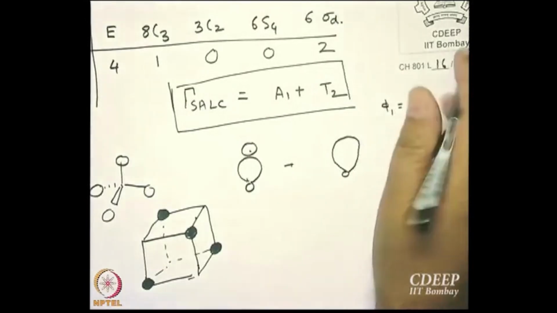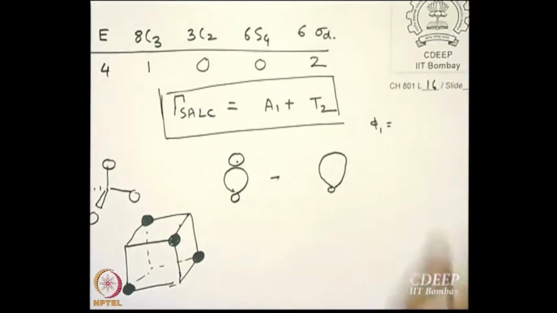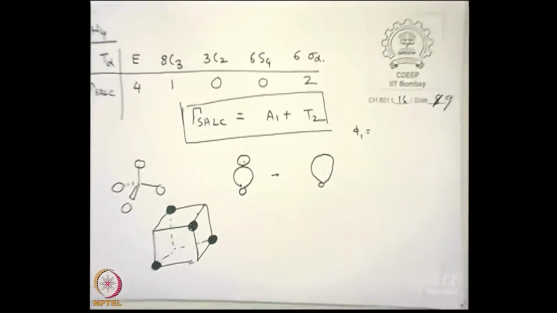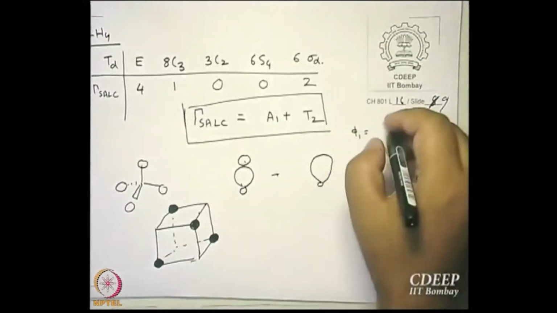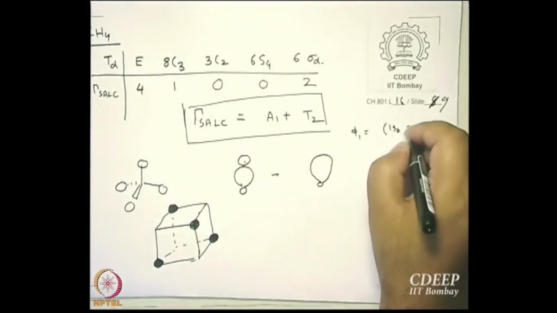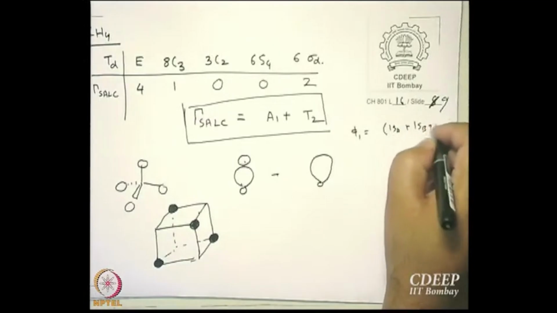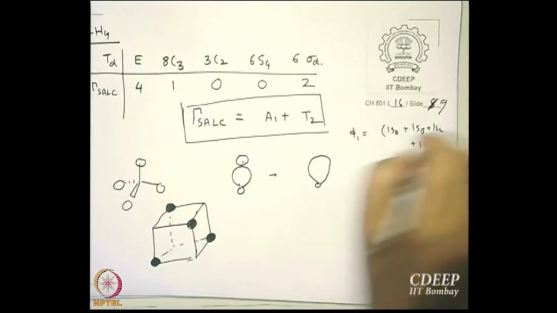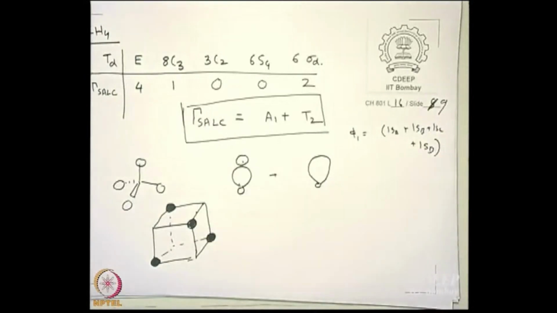Can you read? Zoom out a little bit. Phi 1 is 1sA plus 1sB plus 1sC plus 1sD, where A, B, C, D, let us say, are the identifiers for the atoms.